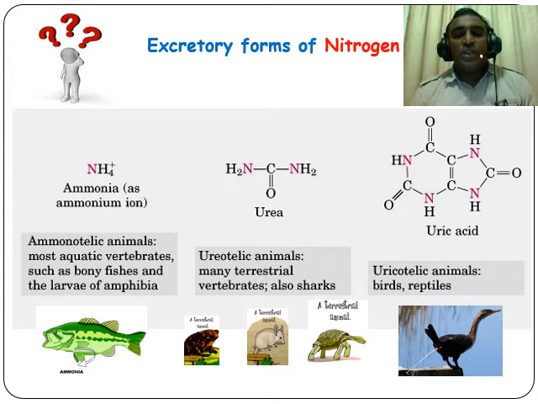The form useful for that purpose is uric acid, which can dispose of double the amount of nitrogen compared to urea.